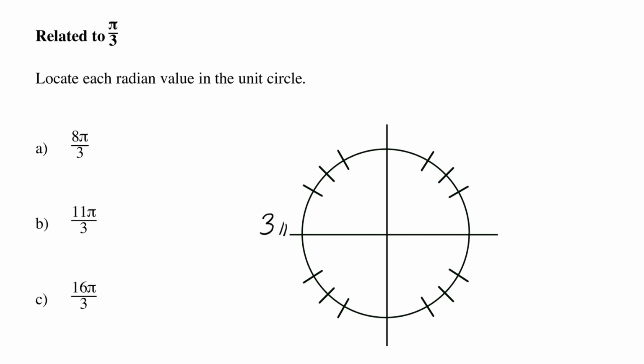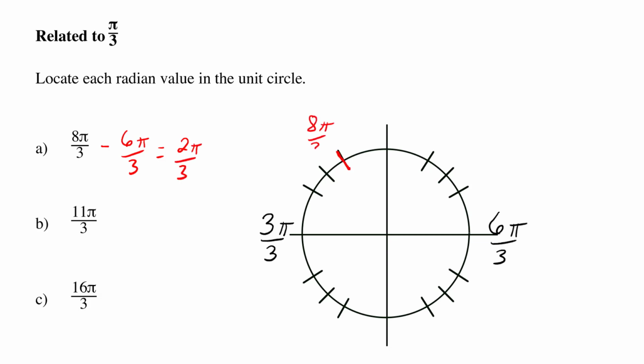And the same thing with pi over 3. But this time, of course, the denominators will all be 3's. So 8 pi over 3, we subtract away 6 pi over 3. We can do that mentally if we're able to, or just show it on paper. Either way, it's fine.